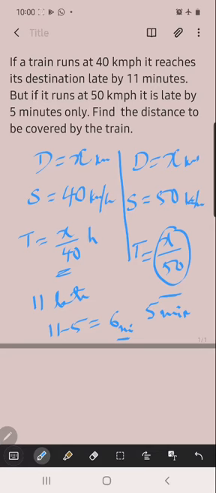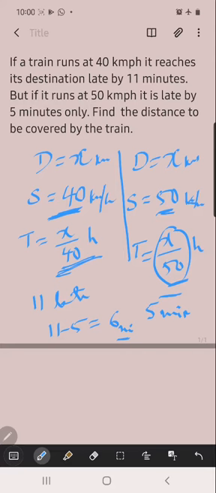But whatever we got, x by 40 and x by 50, those are in hours. Which train is taking more time? The train that goes at 40 kilometers per hour, that means less speed, takes more time.